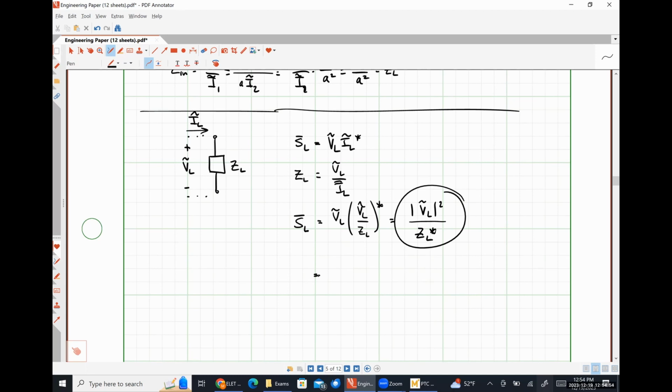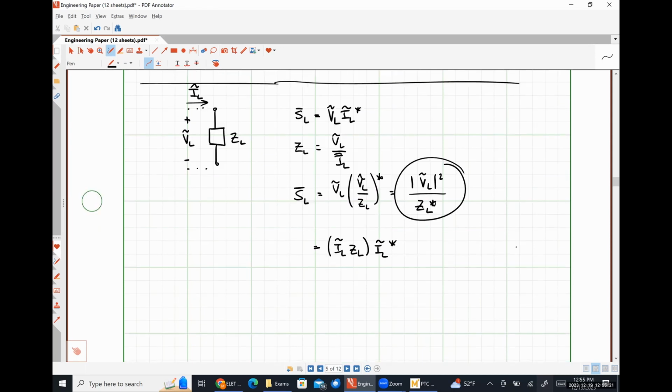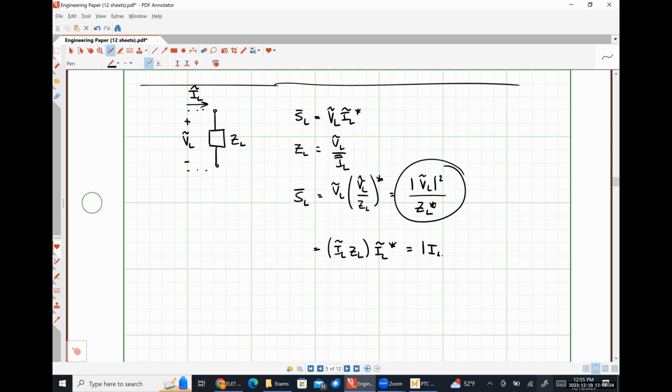We could also say that VL is equal to IL times ZL. So this would be IL times ZL times IL conjugate, which is going to look like the magnitude of IL squared times ZL. So if we had known the current, this would be a way for us to solve for our impedance. Going back.